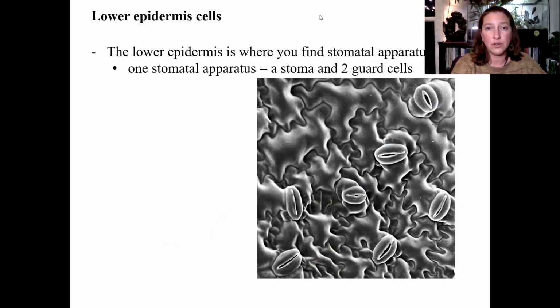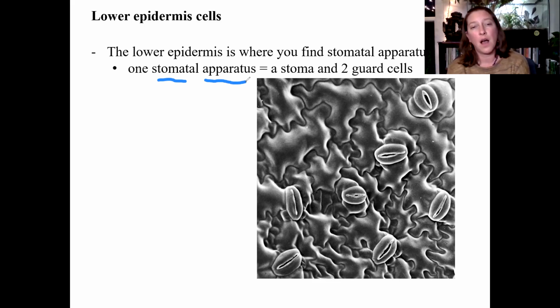And each of these structures is called a stomatal apparatus. So apparatus means an opening. I don't know if any of you do photography using a real camera or a fancy digital camera that you can adjust manually. But in photography, there's a thing called an aperture. It's that same root word. In photography, aperture refers to how open the lens is.